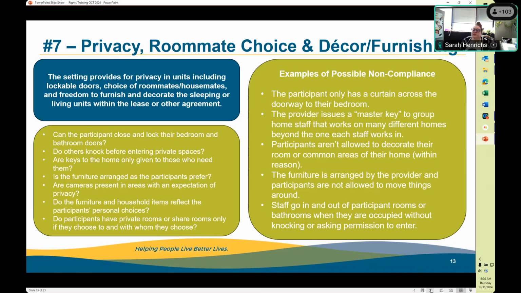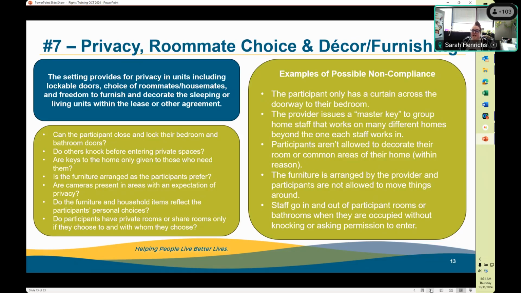Some examples of non-compliance: a person only has a curtain across the doorway to their bedroom instead of a door with a lock. The provider has a master key for their group home staff that works on the front door of many of the group homes that they operate, so staff might have a key to group homes that they don't typically work in, and they shouldn't have a key to other people's houses if they don't have a reason to be there.